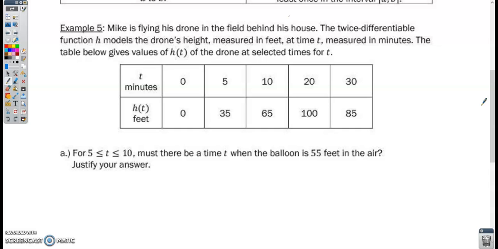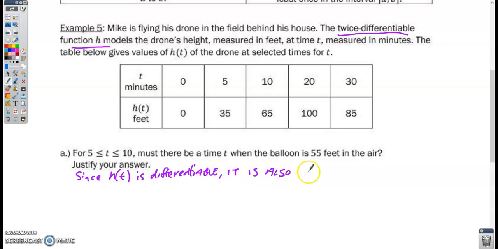We know that h of t is twice differentiable. That means it's differentiable, so since h of t is differentiable, it's also continuous. So we can use either the mean value theorem or the intermediate value theorem on this problem.